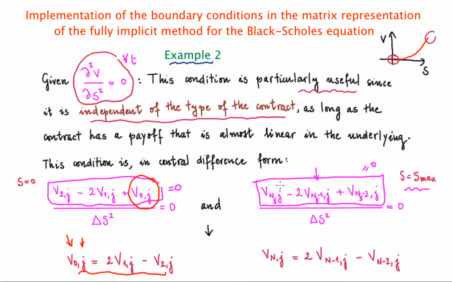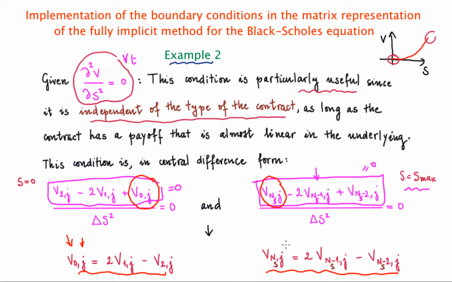We can extract from here an expression for the value of the option evaluated at the maximum index on the S variable, which is NS. And doing that, this is the expression we have. That will be an S here. So here we have an expression for the value of the option evaluated at index NS, and again at any time.